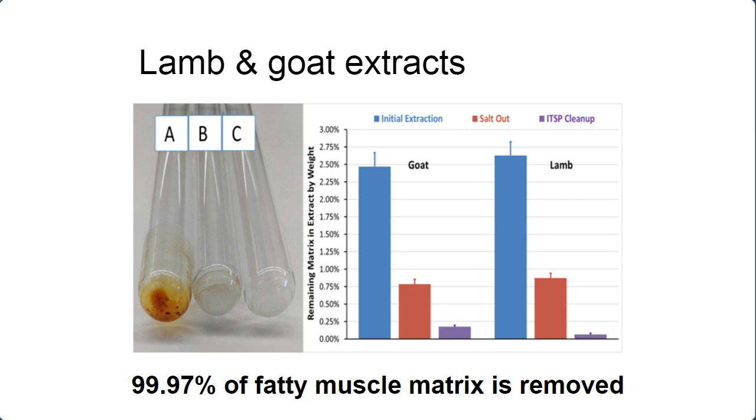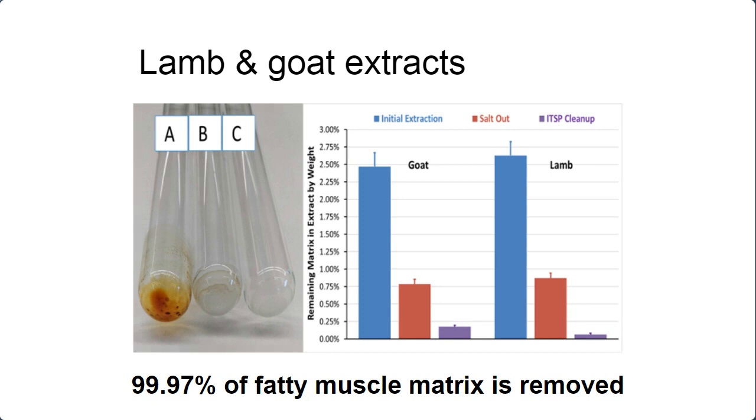Now, not a visual but an accurate representation of the matrix, percent matrix interferences is presented in this graph. And you can see from this graph that 99.97% of fatty matrix was removed by cleanup and salting out, providing efficient cleanup.